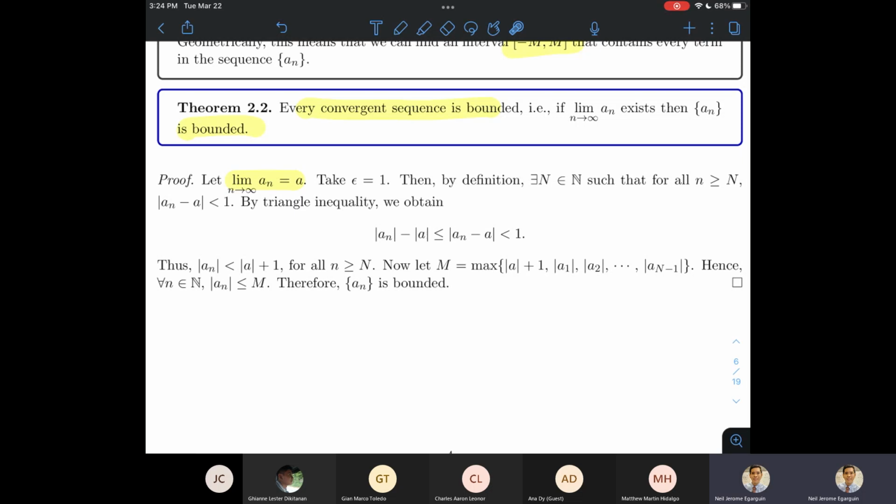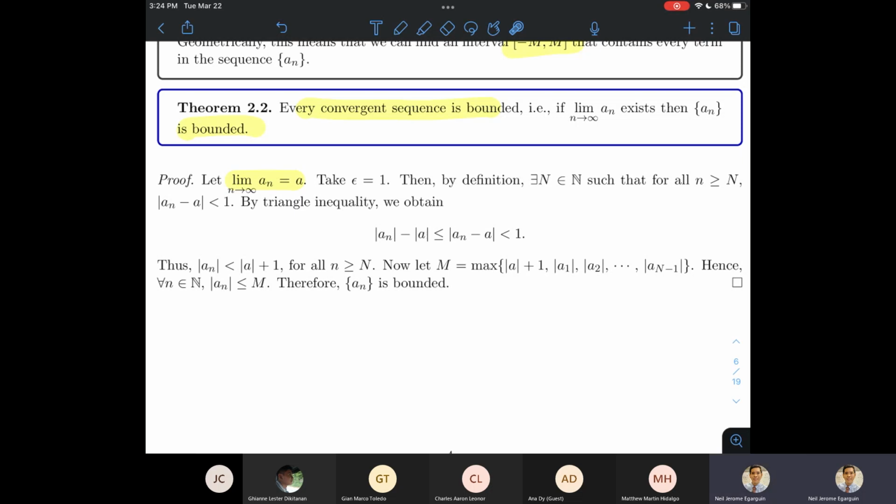Because the definition will hold kahit ano pa yung epsilon na piliin natin, tama? So pinili ko yung specific epsilon na yon. So para sa specific epsilon na napili ko, which is 1, we can find a starting index capital N such that for all indices little n na mas malaki na kay capital N, yung absolute value ng a_n minus a ay mas maliit na kaysa kay 1.